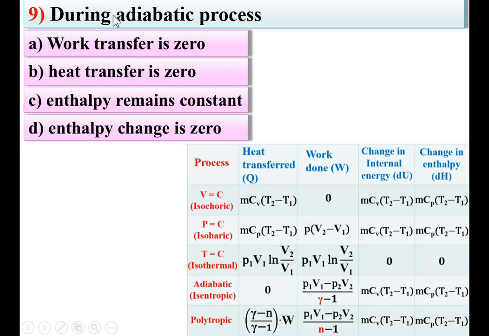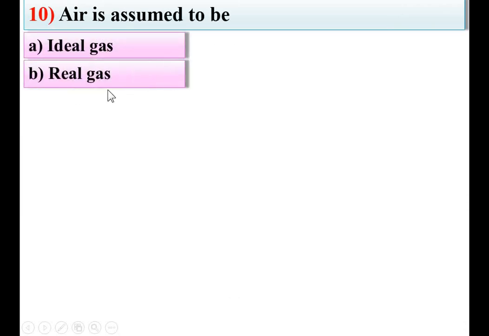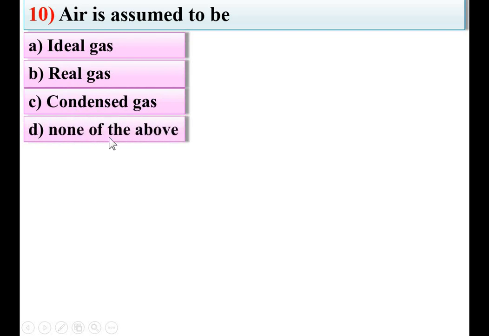You need to remember, during adiabatic process, heat transfer is 0. So B is the right answer. Next, air is assumed to be option: ideal gas, real gas, condensed gas, none of the above. So for the analysis purpose, air is generally assumed as an ideal gas. So A is the right answer.